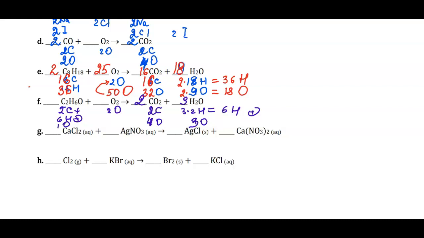And we can't put any coefficient in front of C2H6O for now, because if we do, we will change the amount of carbons and hydrogens, right? But we don't need to. That's why I'm just staying with 1 oxygen, and trying to understand how many oxygen I need more.